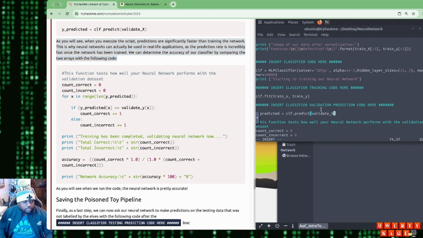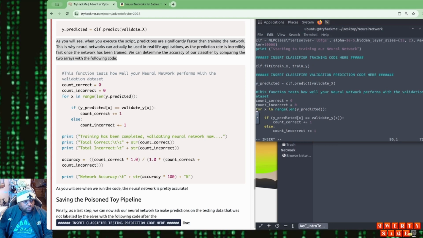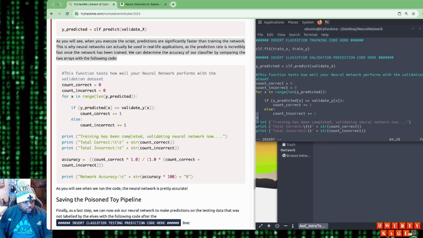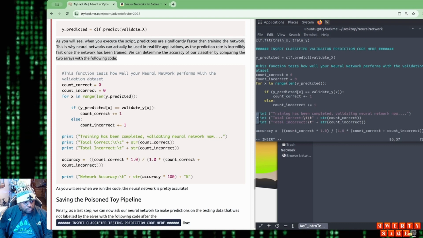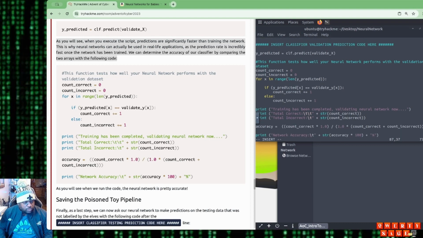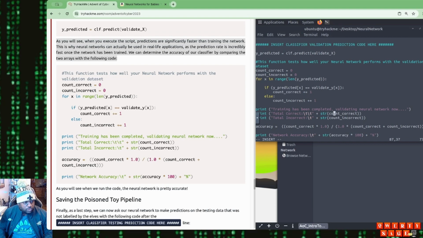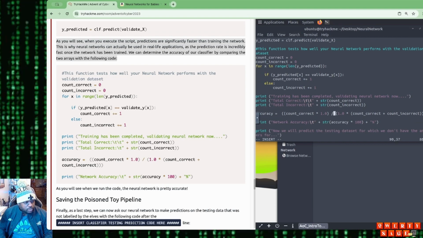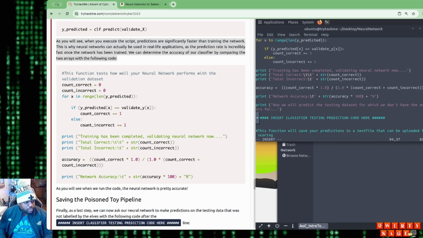All right, so this code down here. Okay, so once the training is complete, it's going to print out some information and tell us what the accuracy is.